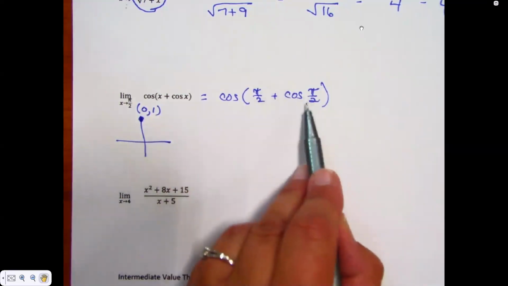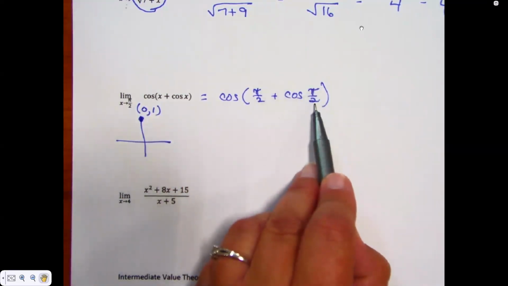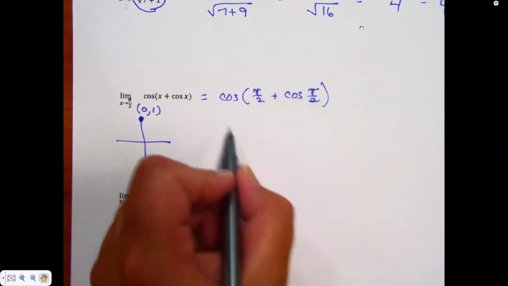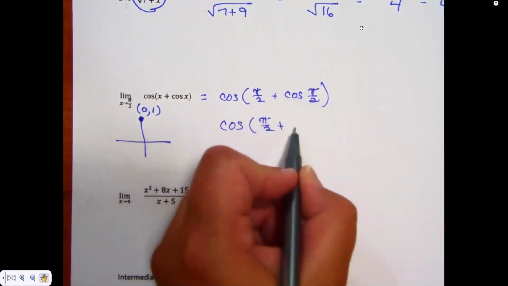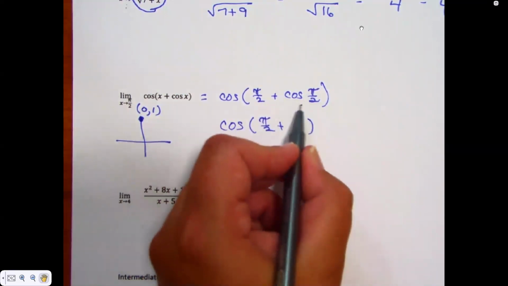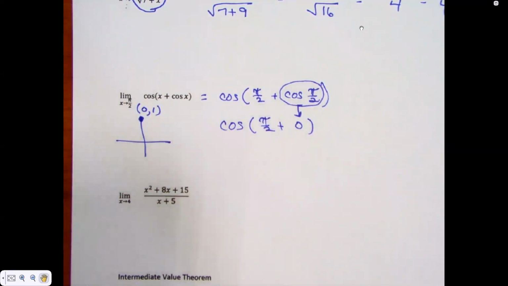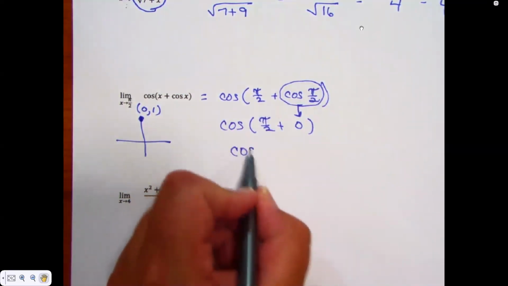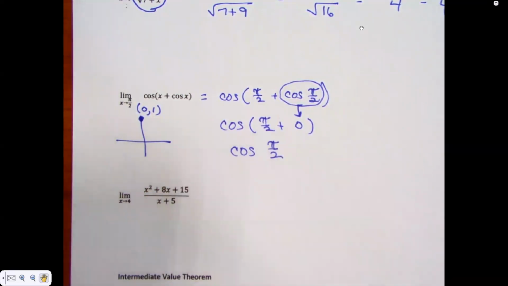So what is cosine of pi over 2? The X value, which is 0. So we got cosine of parentheses pi over 2 plus 0. This goes to 0. It's asking for the X coordinate at pi over 2. Pi over 2 plus 0 is pi over 2. So it looks confusing, but it's really asking for cosine of pi over 2, which we just got done telling them is 0.